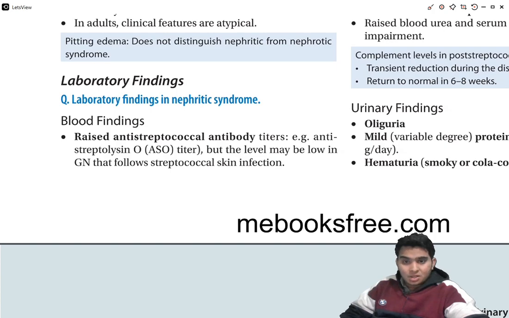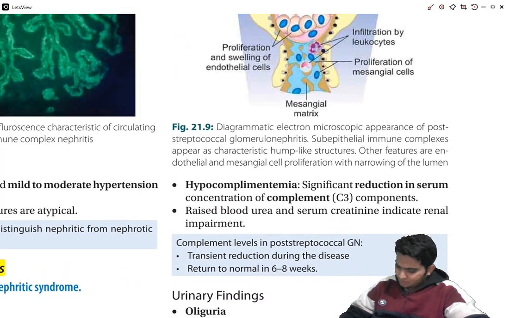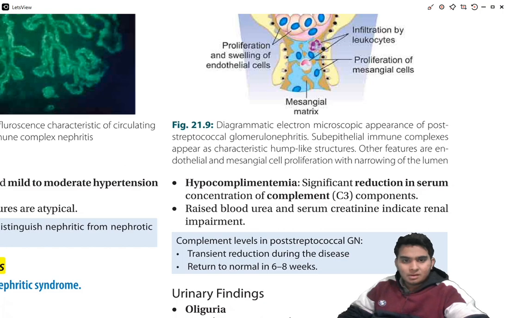Now let's talk about laboratory findings. Anti-streptococcal antibody titers are raised, such as the ASO titer, but the level may be low in glomerulonephritis that follows streptococcal skin infection. Now hypocomplementemia, which we have already seen: there is a significant reduction in serum concentration of complement C3.